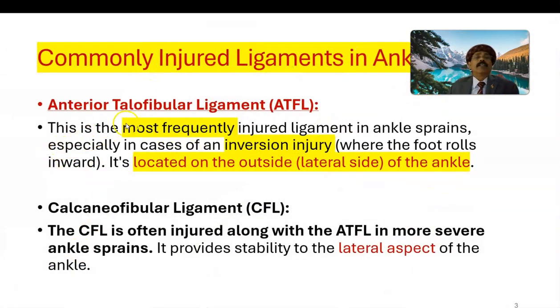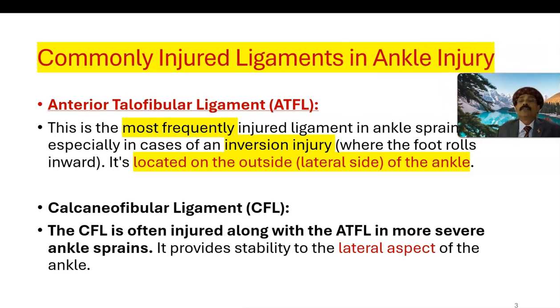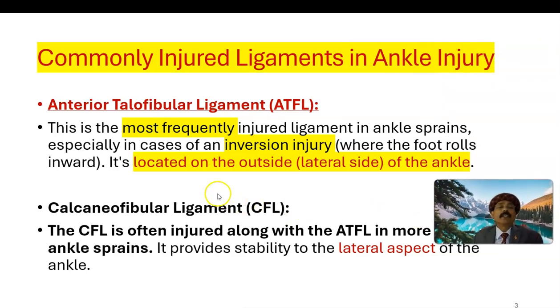Let's get the anterior talofibular ligament. This is the most frequently injured ligament in ankle sprains, especially in case of inversion injuries. So to remember, it is an inversion injury that causes damage to this ligament, where the foot rolls inward.